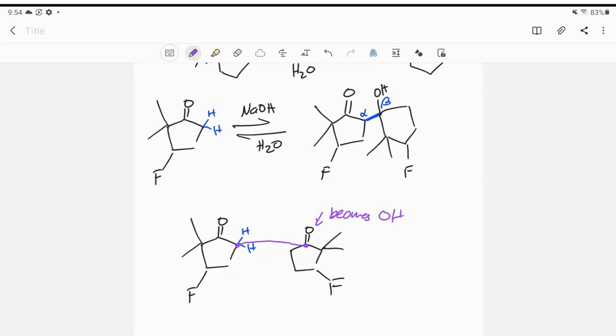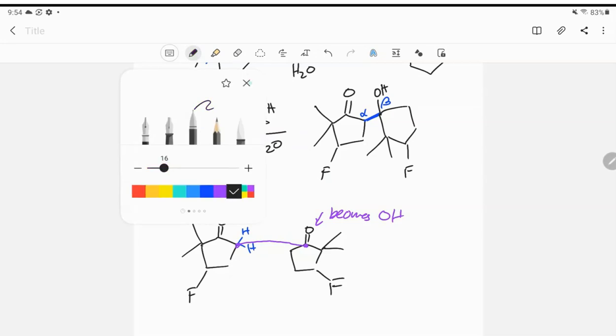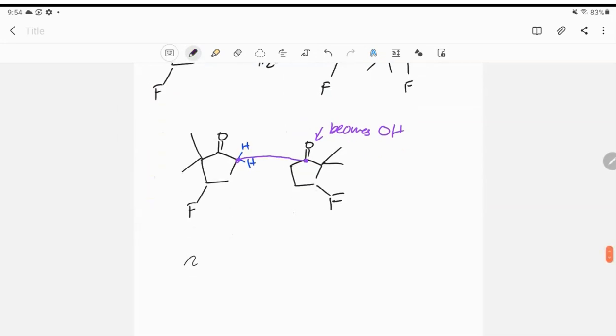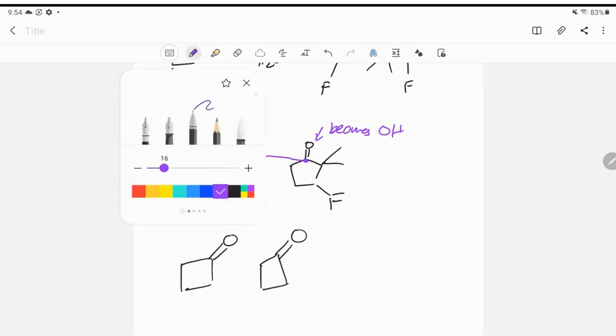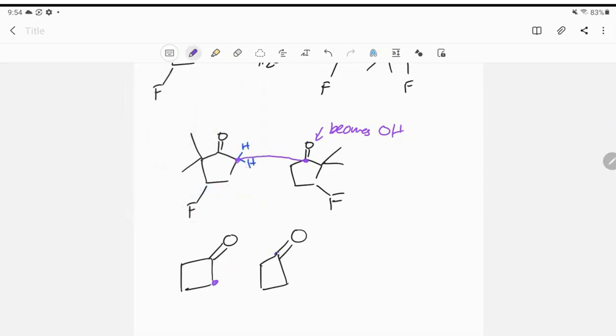Yeah. If you don't have all these substituents, you don't even need to flip it. Like if we're just doing cyclobutanone, take two of them, form a bond between here and here, and turn this one into an OH, and you're done.